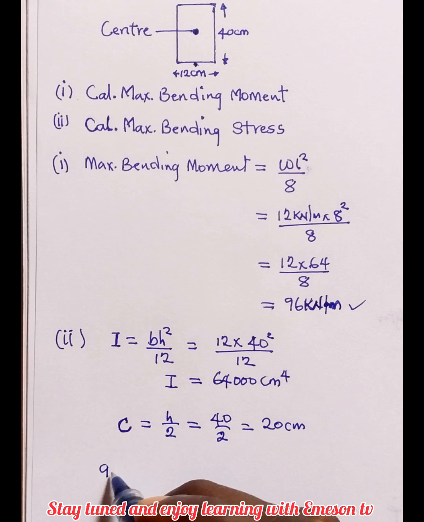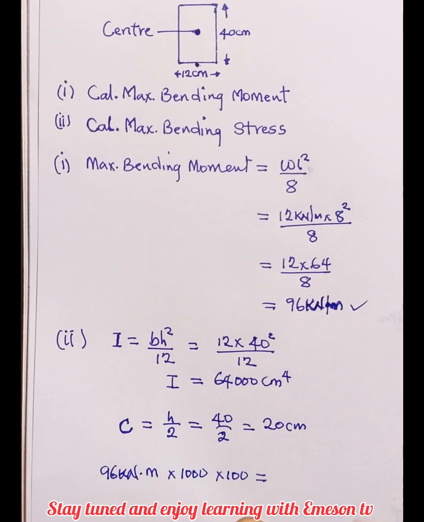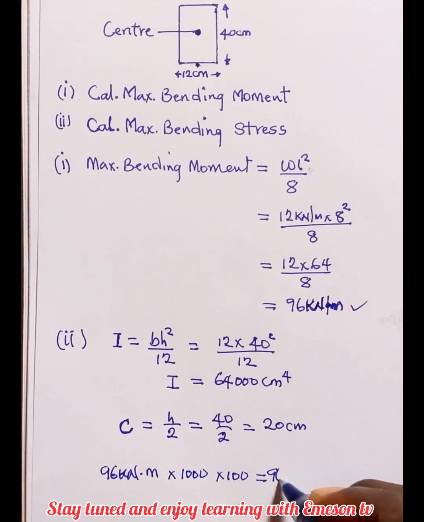For you to convert this to Newton meter, you have to multiply this by 1000. Now it is in Newton meter. For you to convert this Newton meter to Newton cm, you have to multiply by 100. Let's punch this in our calculator. We have 9600 Newton cm.